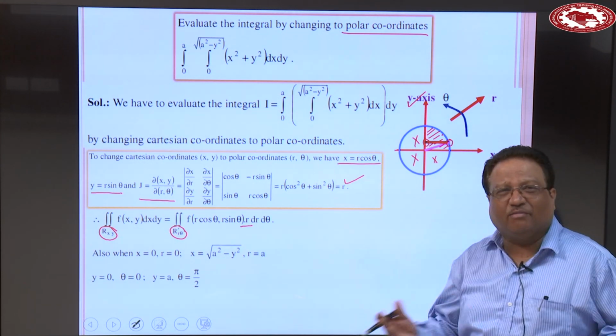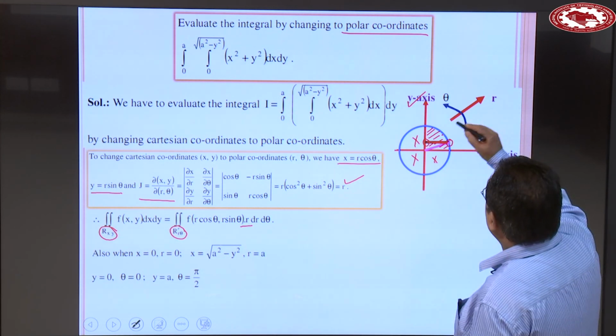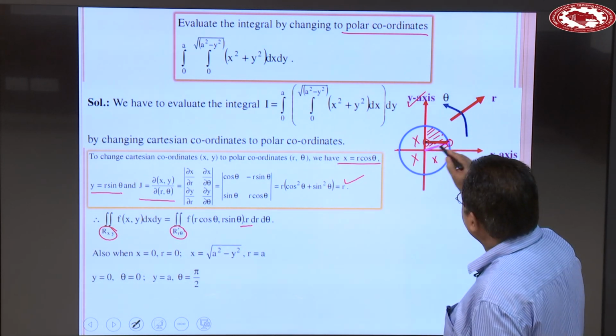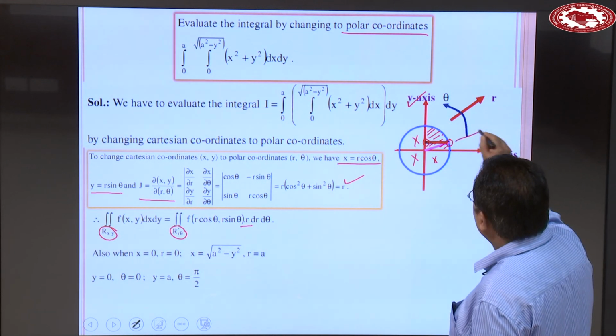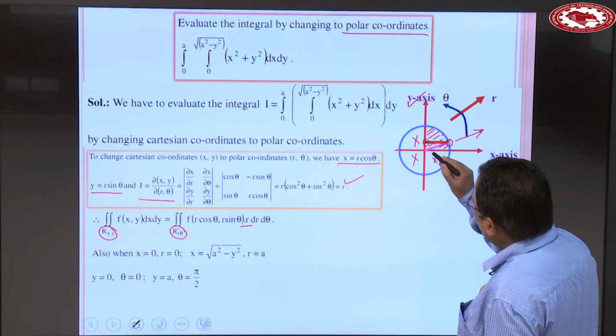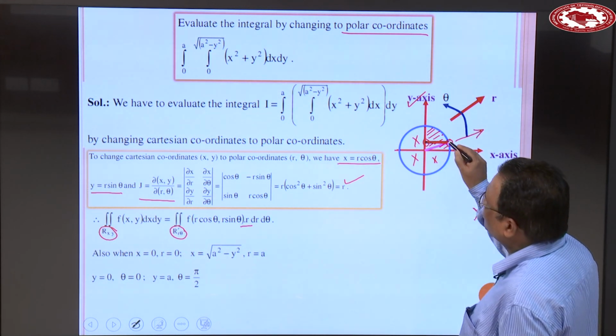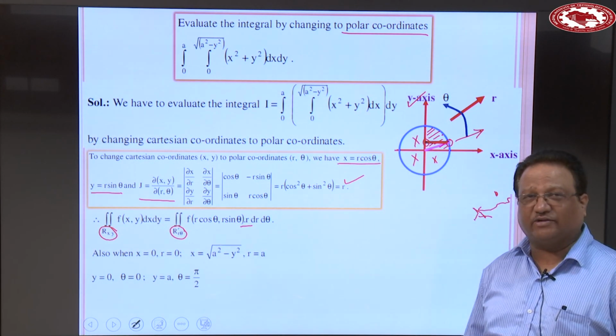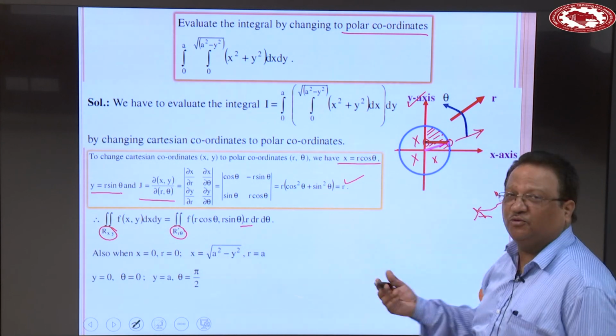Now convert this problem to the polar coordinate system. This means towards this direction r, towards this direction theta. So let us consider this strip towards this direction, from 0 to this point. This circle is x square plus y square is equal to a square. This means r varies from 0 to a. Clear?